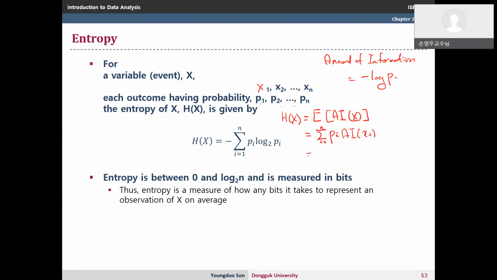And we know the amount of information is minus log pi. So the entropy finally can be written as minus the sum from i equals 1 to n of pi log pi. Okay.